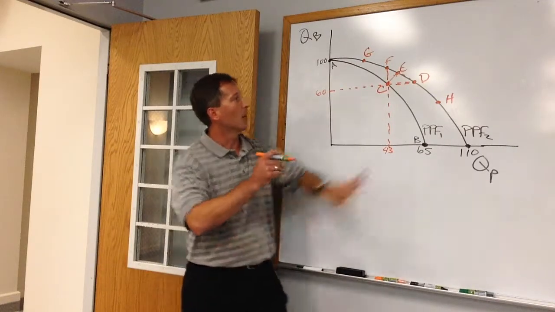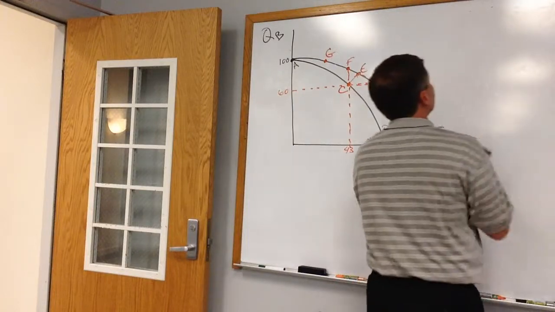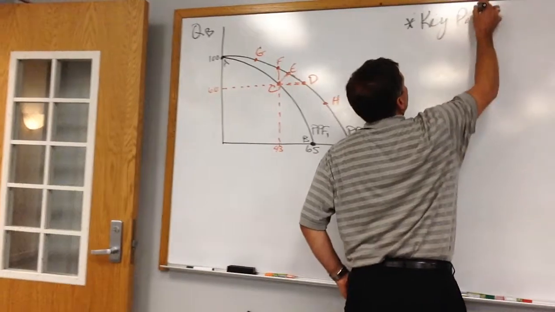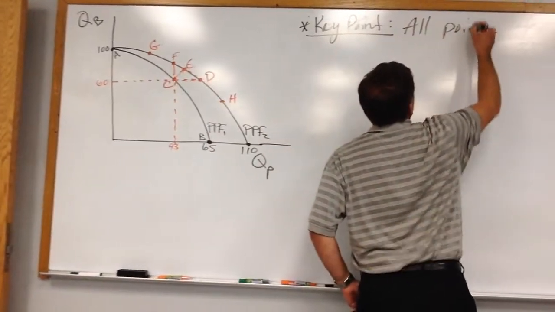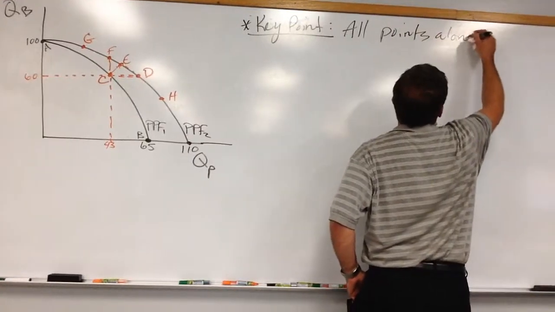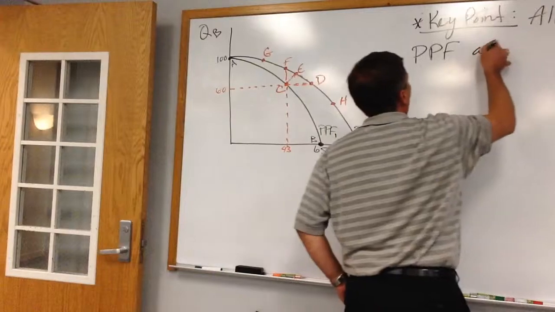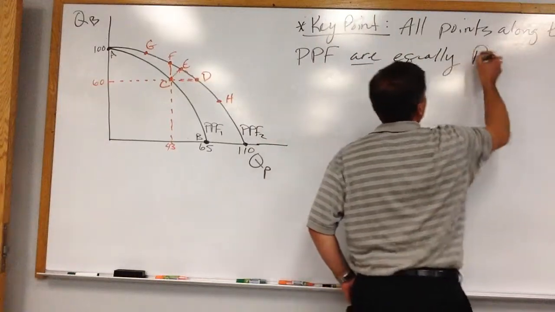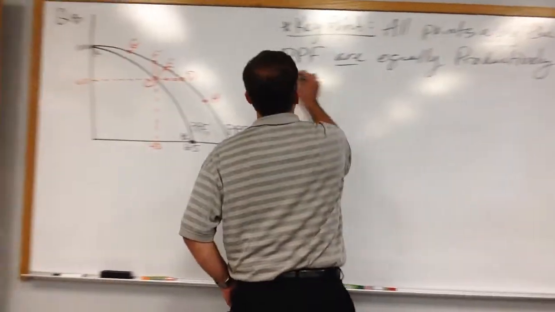All right, so another key point here with all of this is that all points along the production possibilities frontier are equally productively efficient.